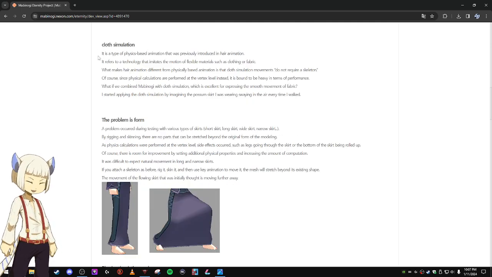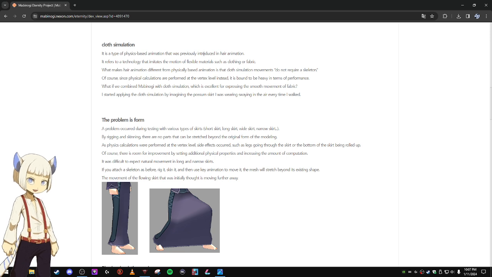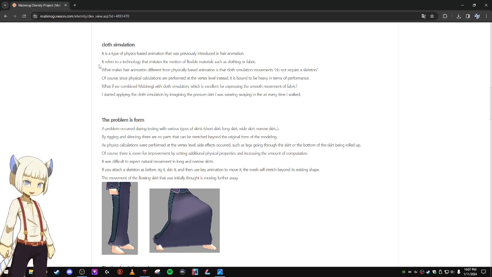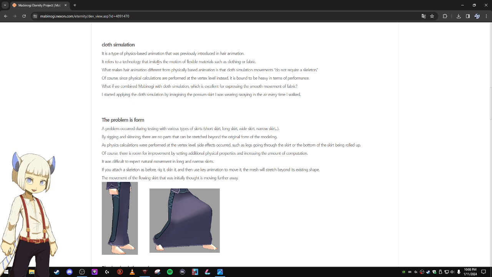So, cloth simulation. It is a type of physics-based animation that was previously introduced in hair animation. It refers to a technology that imitates the motion of flexible materials such as clothing or fabric. What makes it different from hair animation's physically based animation is that cloth simulation movements do not require a skeleton.